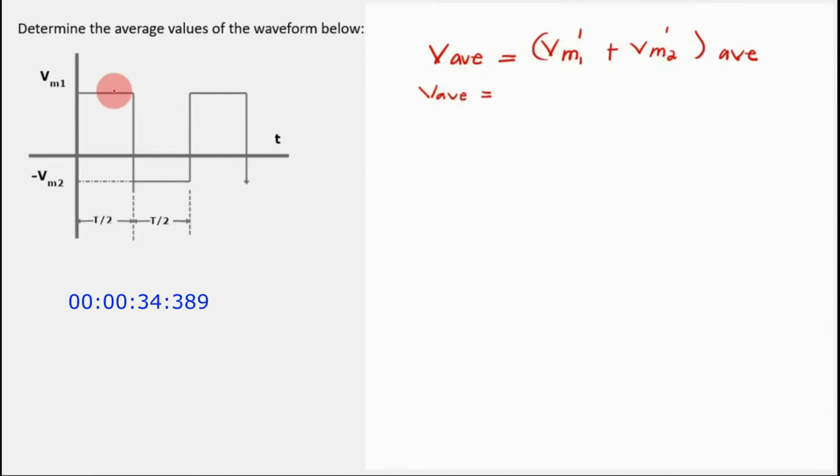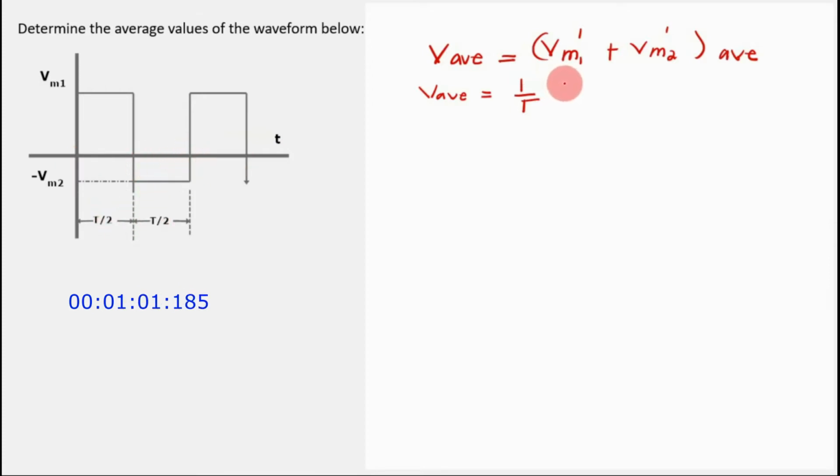Since we have to represent this waveform as an equation, that is actually Vm1 and Vm2, but we are to get the area within this border of our figure, so it will become 1 over T, since we are dealing with T over 2 and another T over 2, which is 1 period.